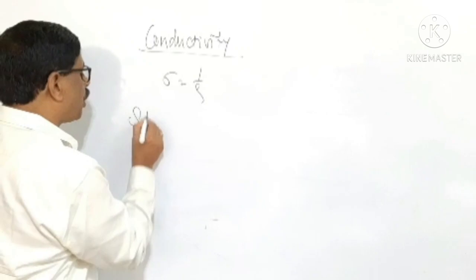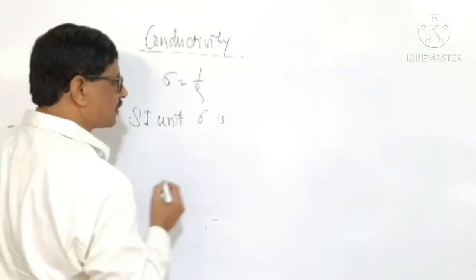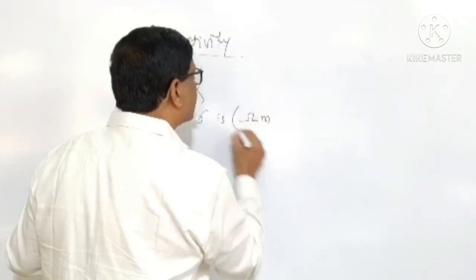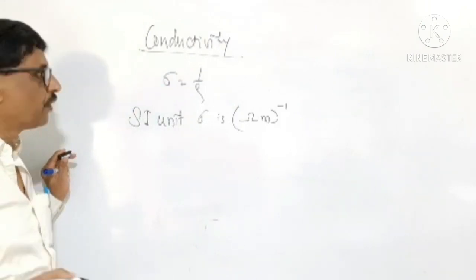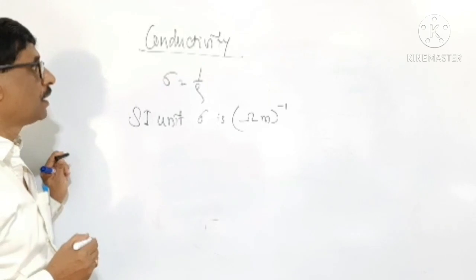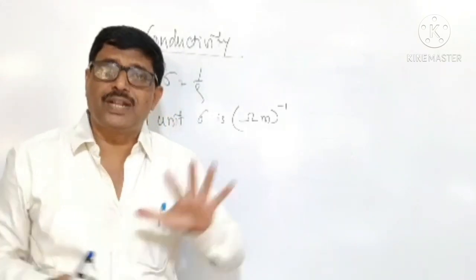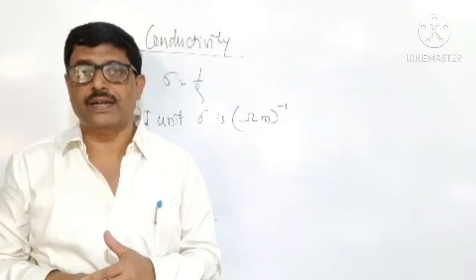The unit of conductivity is ohm meter raised to minus 1, that is 1 by ohm meter. The substances which have a good amount of resistivity have less amount of conductivity.